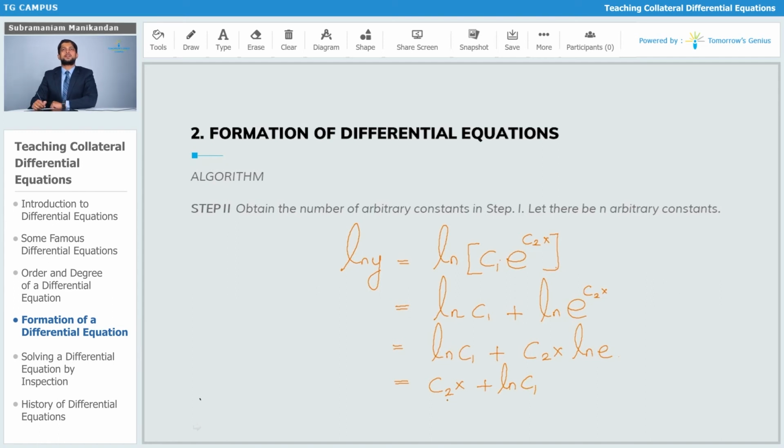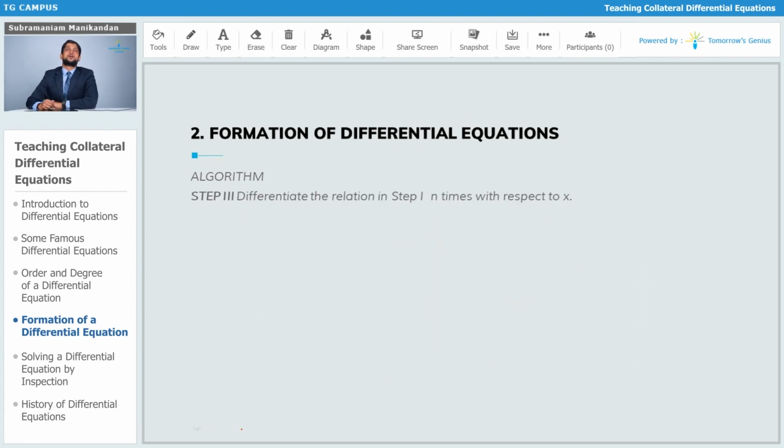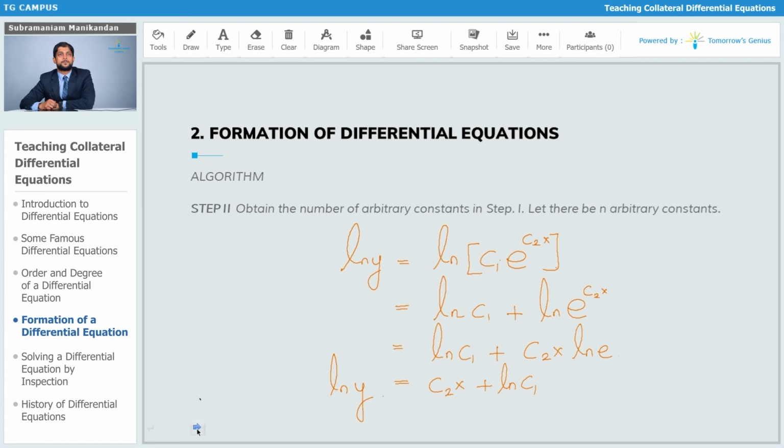Log of C1 is also a constant because C1 is a constant. And so we have obtained y in terms of x as well as some other arbitrary constants. As you can see, taking log on both sides does not change the number of arbitrary constants. The number of arbitrary constants in this equation is still 2. Differentiate the relation in step 1 n times with respect to x. As many arbitrary constants as there are, that many times we have to differentiate.